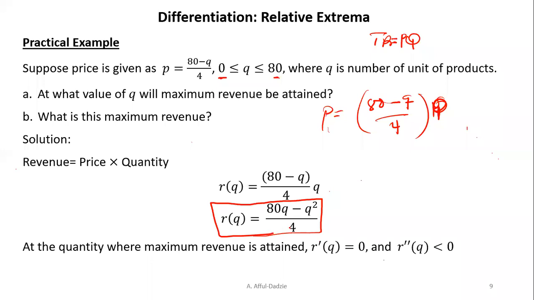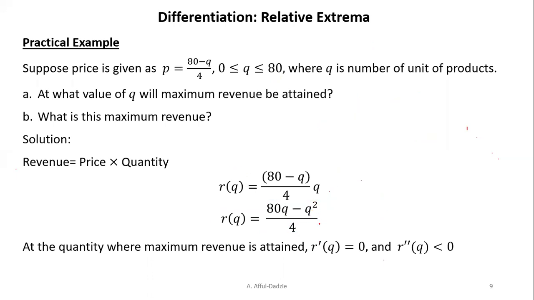Now we want to find the maximum value, so we would have to take the first derivative of this. One way you can write this function is as 1 over 4 times 80Q minus Q squared. If you take the expression in this form, life could be very easy for you.